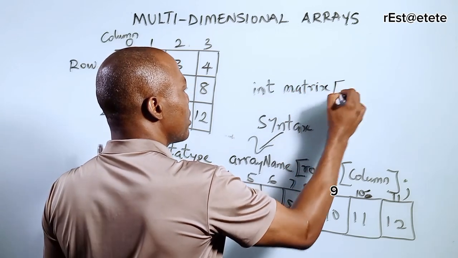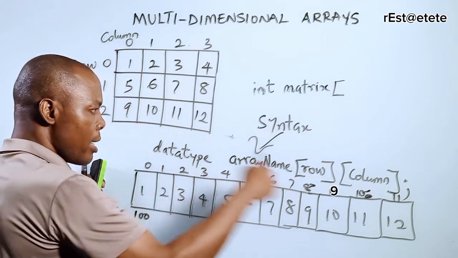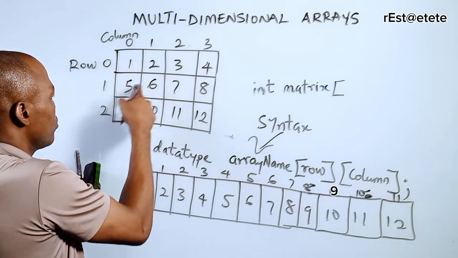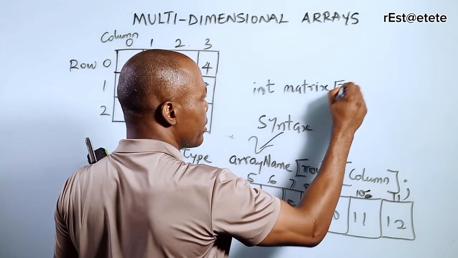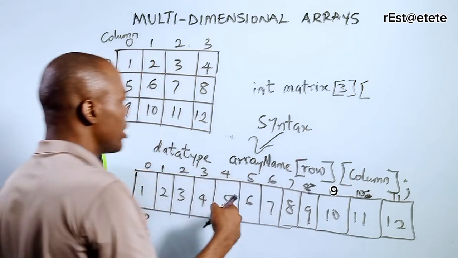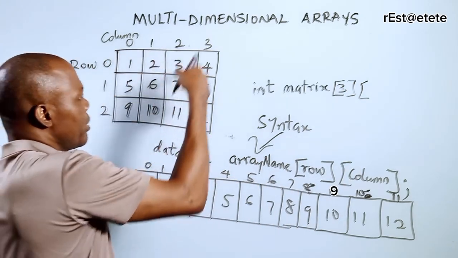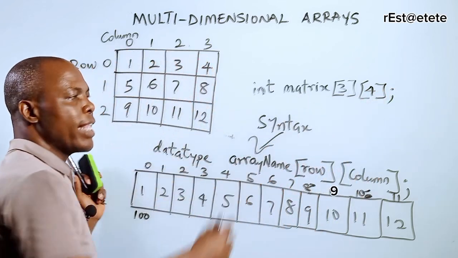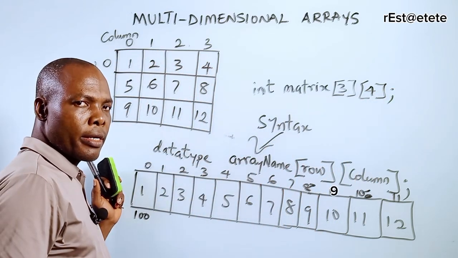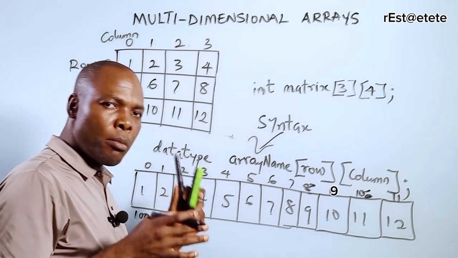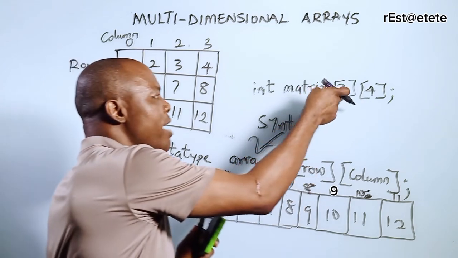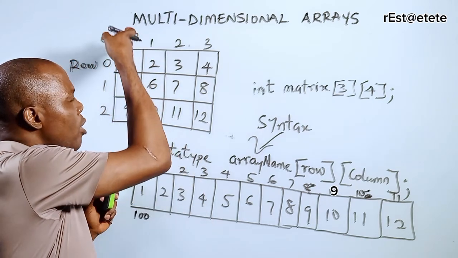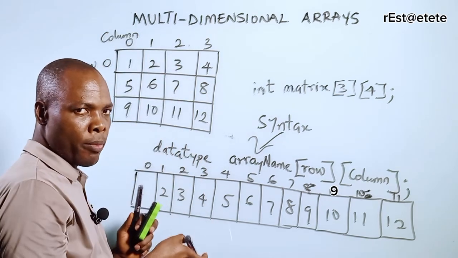Int matrix. Then I told you this is row. So how many rows do we have? 1, 2, 3. So you have 3. Now, how many columns do we have? 1, 2, 3, 4. So you have 4. Now, this is the declaration of the array. When you are declaring a multi-dimensional array, what you have inside the square brackets will be what? The complete size of the rows and the columns.